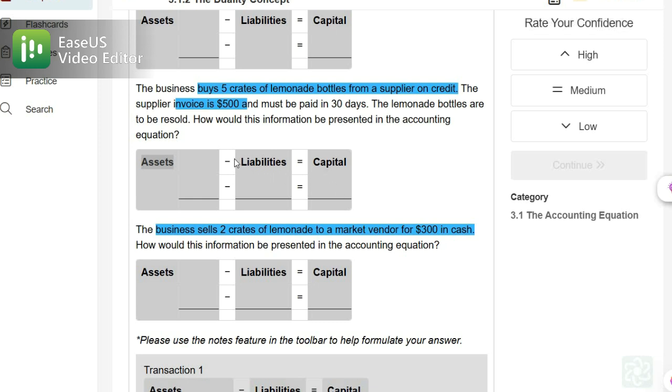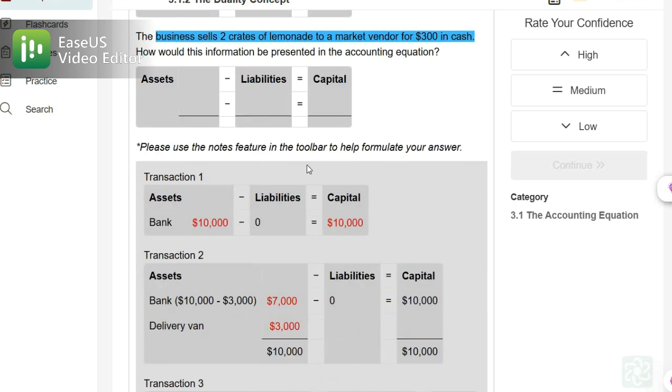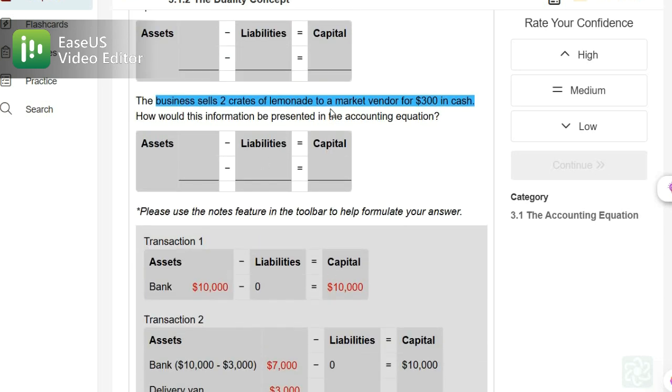Now the liability here will be 500 because you have purchased this lemonade on credit, and the capital is the same 10,000. So your asset inventory increased by 500, your bank was 7,000 before, and your van is 3,000, and if you deduct the liability of 500, then you will have the capital of 10,000.